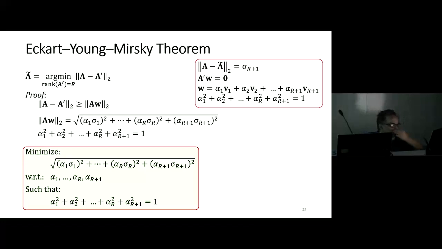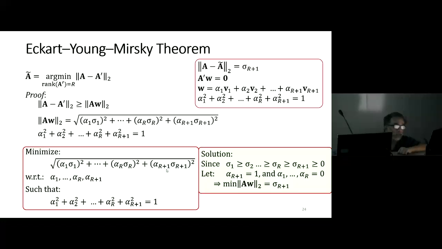So what's our solution if we want to minimize? What should we do? This has the lowest weightage, right? Sigma r plus 1 is the lowest of the sigmas. So make alpha r plus 1 equal 1, and set all the other alphas to zeros, right? And so the minimum of the L2 norm of AW is sigma r plus 1.